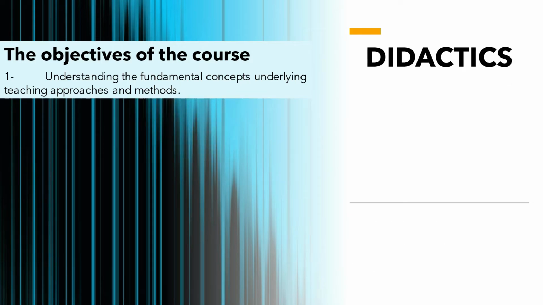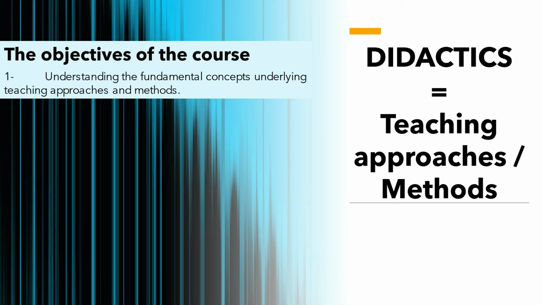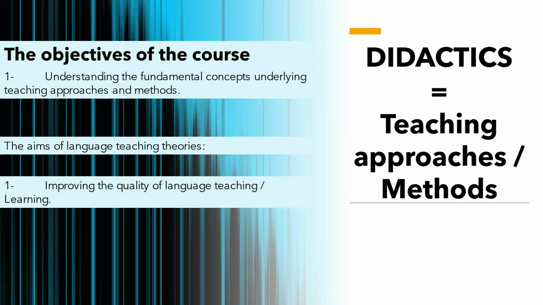Before going further, it helps to understand that didactics simply stands for teaching approaches and methods. Yet, being a science often means the picture gets complicated once one starts delving further. Thus, let's start by looking at the general aims. First, we have improving the quality of language teaching and learning.